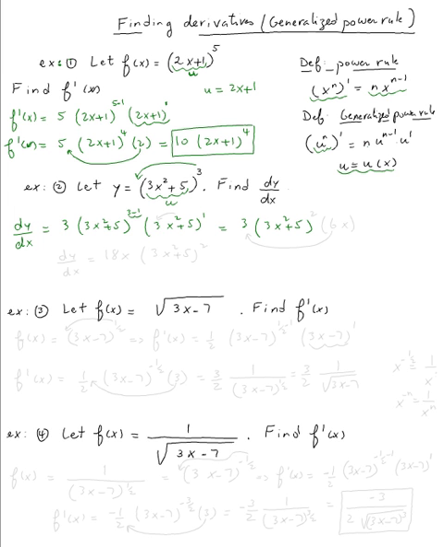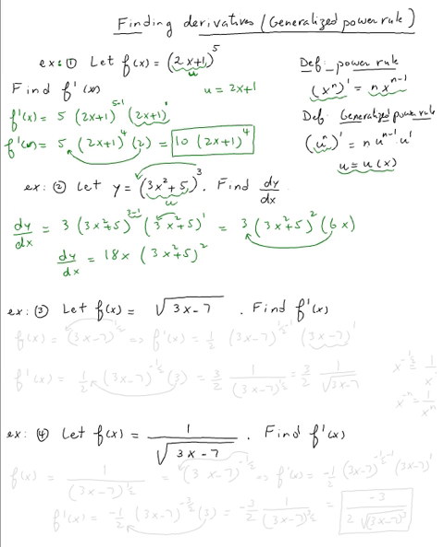Now 3 minus 1 is just 2. And the derivative of 3x squared plus 5, we did those in the previous example: multiply 2 by 3, you get 6x, 2 minus 1 is x, plus the derivative of 5 is 0, so it's gone. One more step, and dy/dx is equal to 6x times 3, which is 18x, and then (3x squared plus 5) squared.